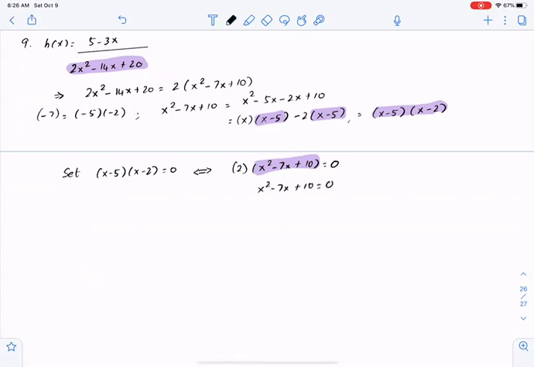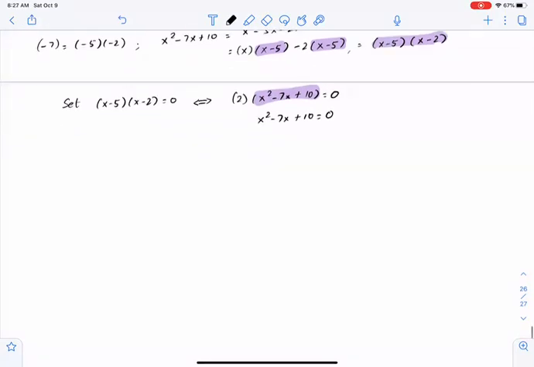So the only thing that matters is x squared minus 7x plus 10, which we have factored as x minus 5 times x minus 2.